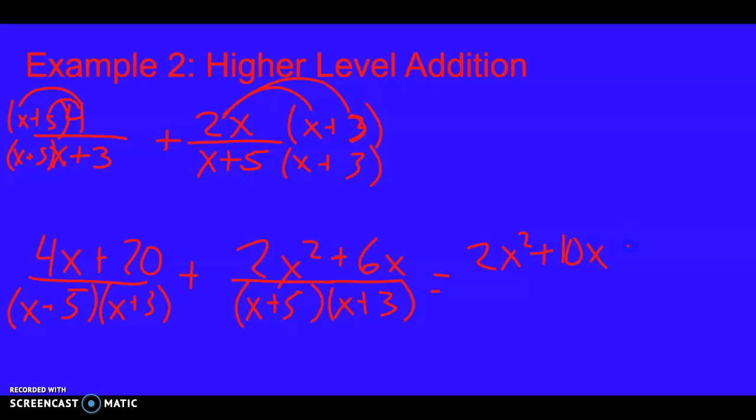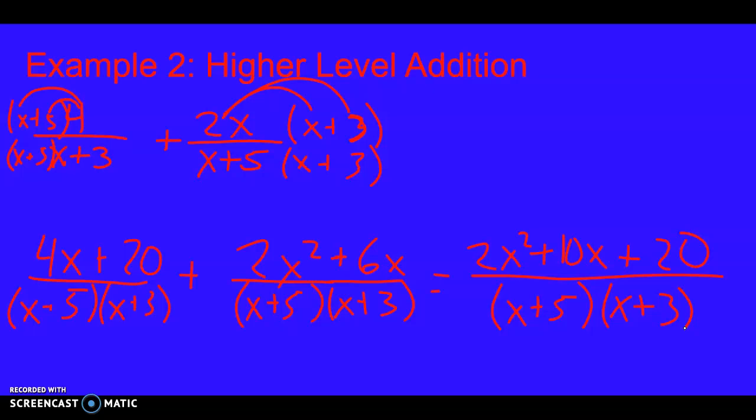And finally, the 20 has nothing to go with, so we get plus 20. And we said the whole way through, we can leave our denominators, our bottoms, in factored form. We'll multiply out the tops, but you can leave your bottoms in factored form. So our final answer is 2x squared plus 10x plus 20 all over x plus 5 times x plus 3.